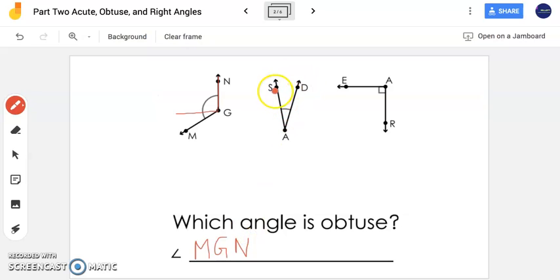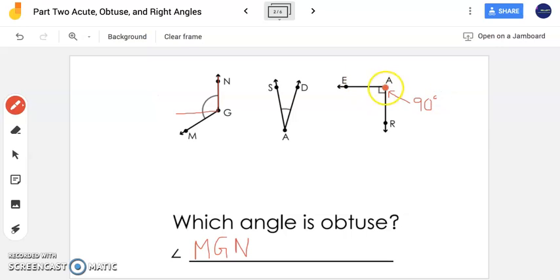Now looking here, we have angle SAD, and notice those two rays that create this angle are very close together, forming an acute angle that's less than 90 degrees. Angle EAR, or angle RAE, is an example of a right angle. It forms a perfect L, and notice it has this box right where that vertex A is, and that represents that this is in fact a 90-degree angle.